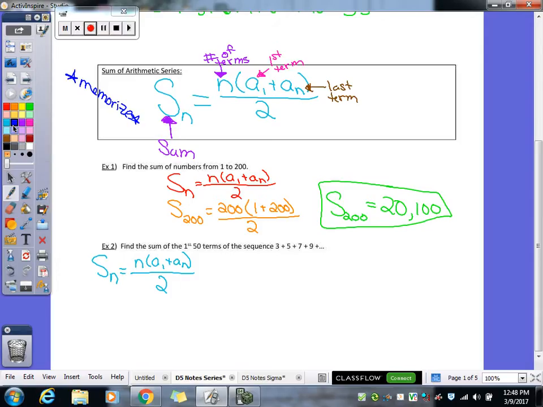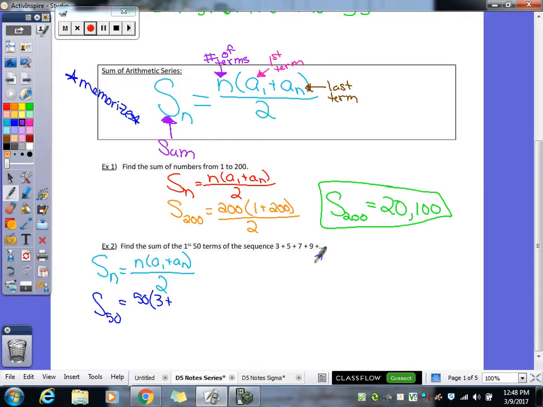So what would our n be? 50. So S sub 50 equals 50 times our first term, 3. Our last term should be our 50th term, but do we know that yet? No. Okay, so we need to go figure that out.